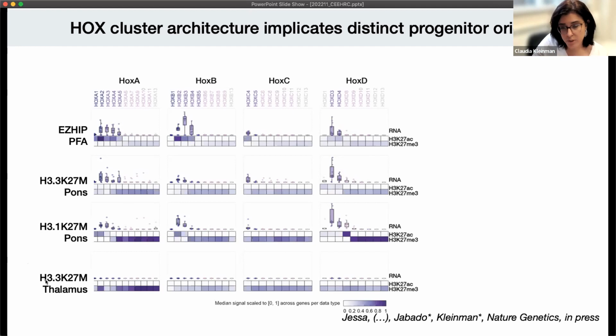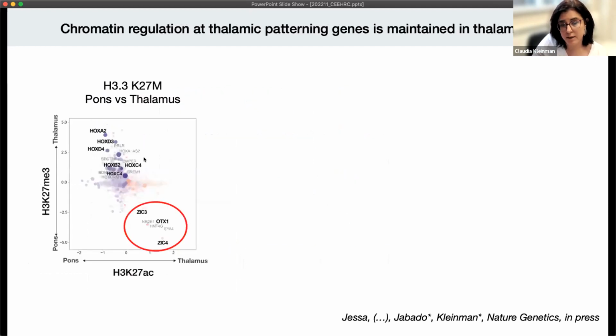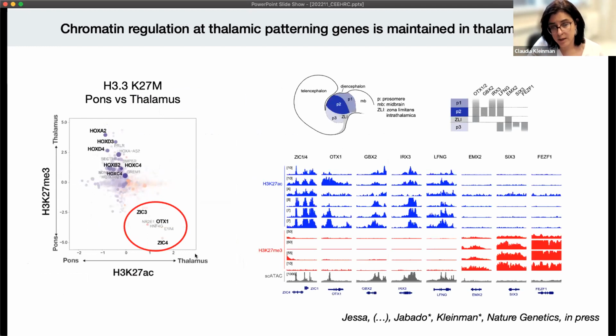So in the thalamus, we see them silenced completely, but there's another set of transcription factors, patterning genes, that are active there that are equally telling about the origin. So these transcription factors are involved in the segmentation, this time in the diencephalon, and the epigenome configuration and expression configuration of these genes point to a very specific prosomere that will give rise to the thalamus proper, as opposed to the P1 that will give rise to the prethalamus.